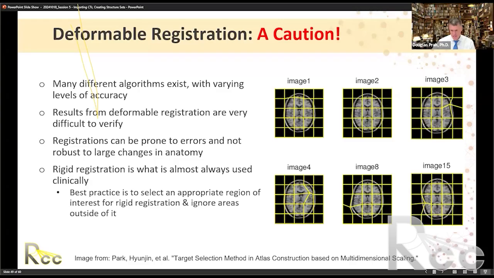There's a question here. Can you explain deformable and non-deformable? So you can see here on this image, from day to day, what's happening in the deformable case. A deformable will take individual pixels or voxels and shift them in space, and they will be shifted in space differently internally than other voxels.